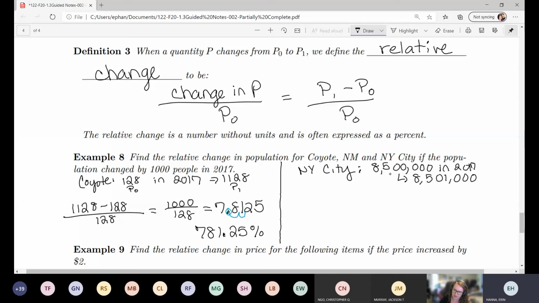So the starting value is 8.5 million and the ending value is that extra 1,000. So we have the ending value minus the beginning value, dividing by the original value.